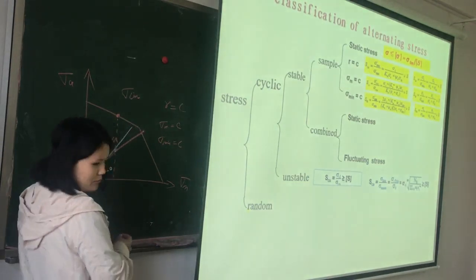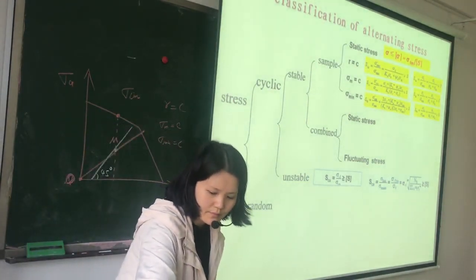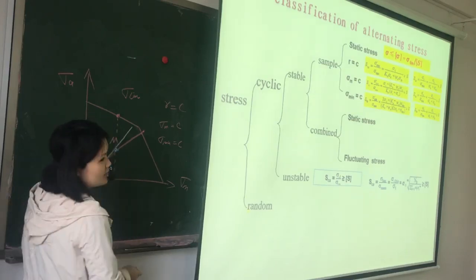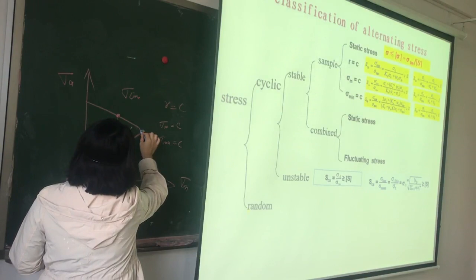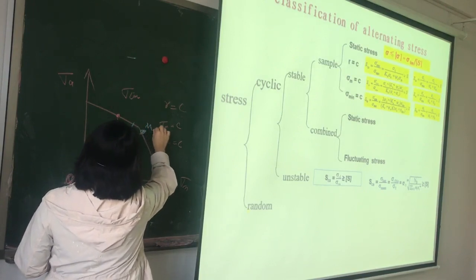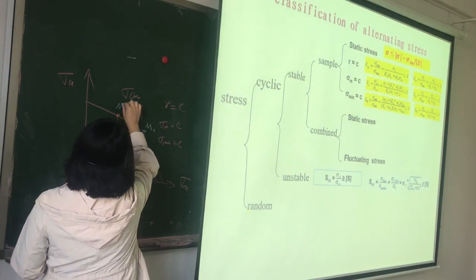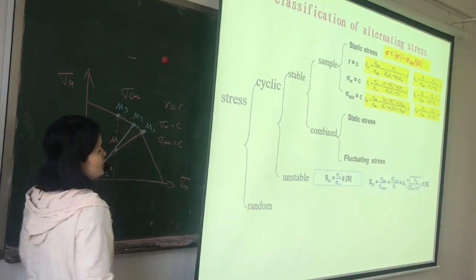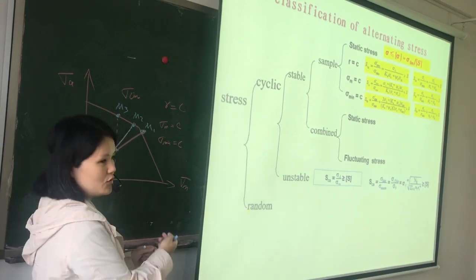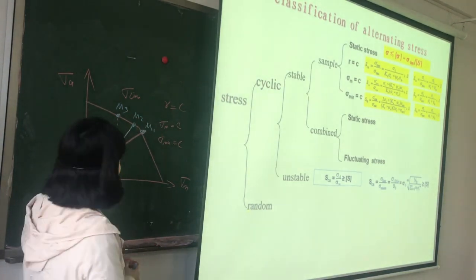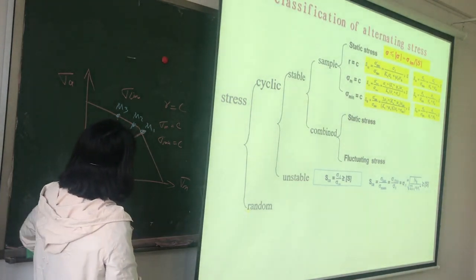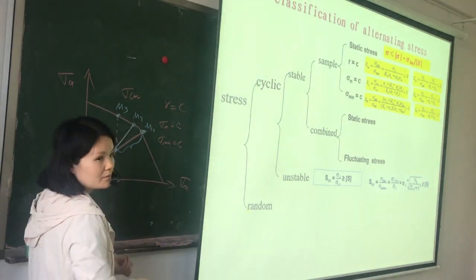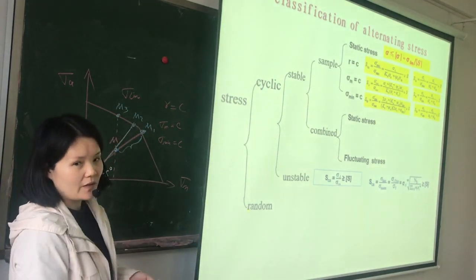For example, this is the working stress, and points M1, M2, and M3 are the critical stress or endurance limit respectively, and there should be a sufficient margin.